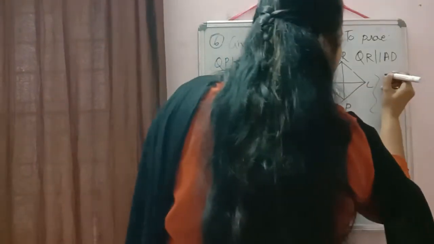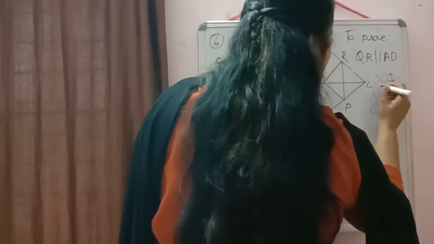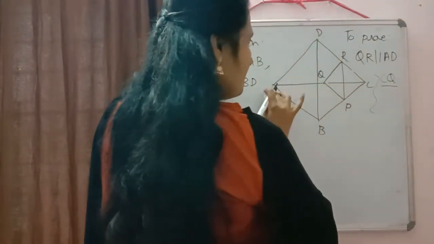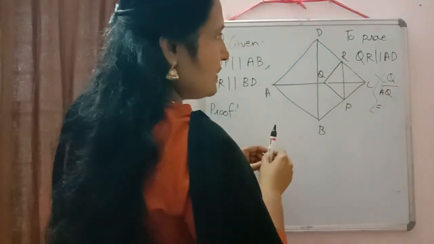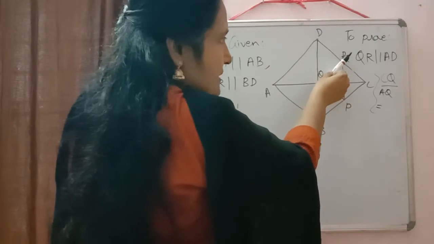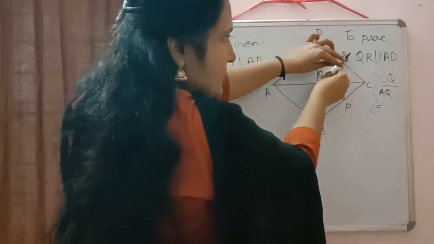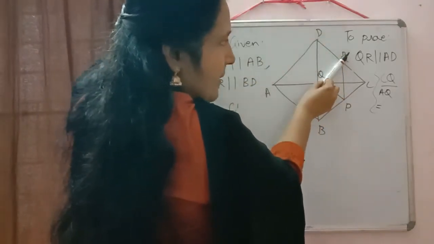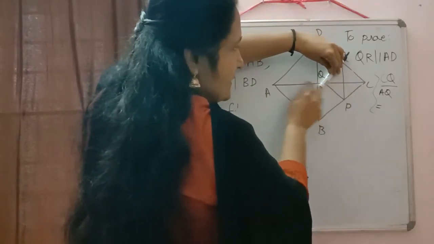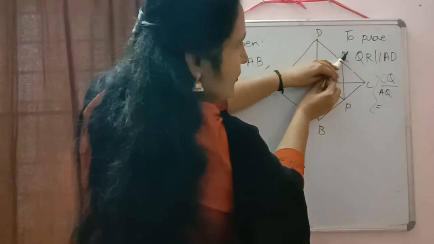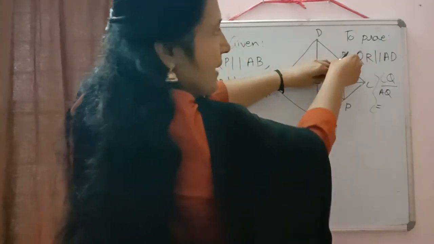So somewhere just write down that we have to prove CQ by AQ is equal to CR by RD. Because we need to prove QR, just keep your pen here in this way. The ratio we are getting is CQ by AQ, and here CR by RD.